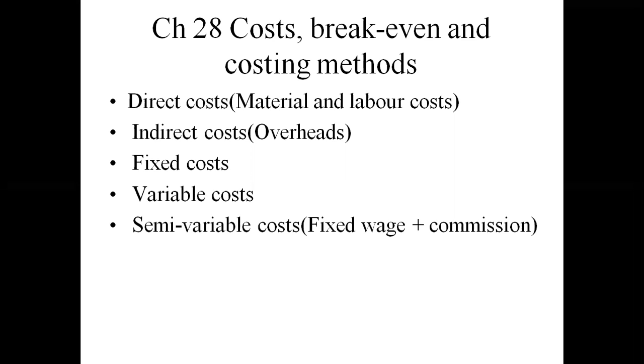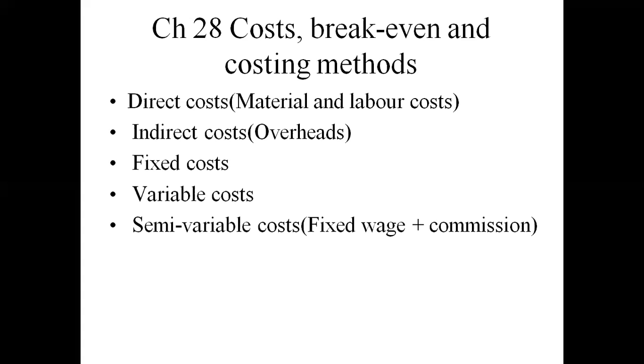Do you know how? Because if the sales staff make more sales, more commission will be paid to the sales staff. So it will increase the cost of the business. If sales staff is able to sell fewer items, then obviously less commission will be given. And if there are no sales made by the worker or the sales staff, then there will be no commission paid.